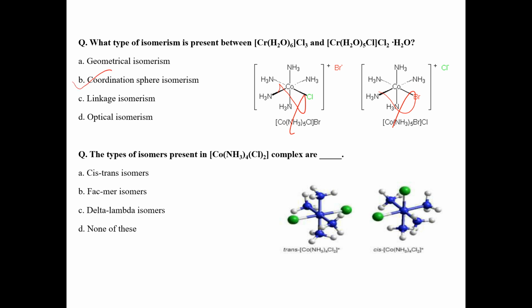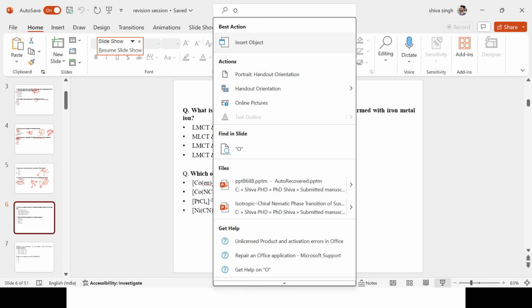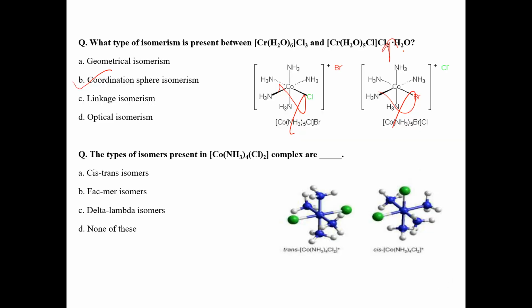Because here are three chlorides, and in this case there are two chlorides. The types of isomerism present in this complex can be cis and trans isomerism. Facial and meridional isomers I have already told you during the assignment; it usually happens in Ma3B3 type of complexes.